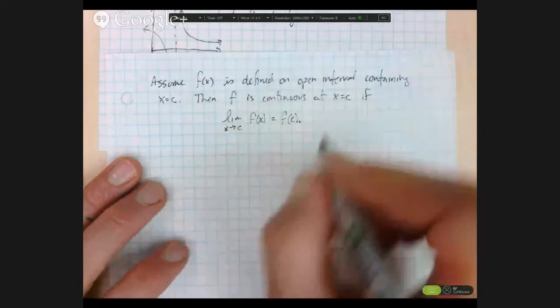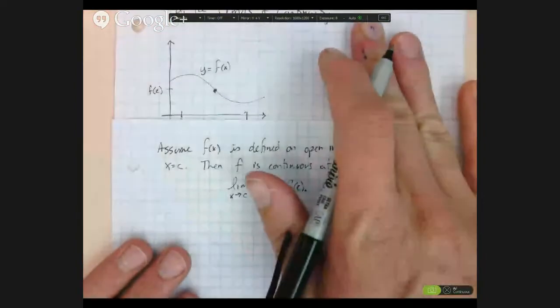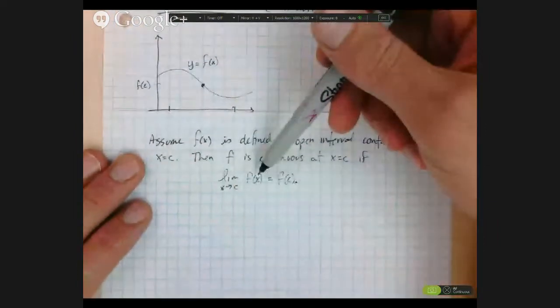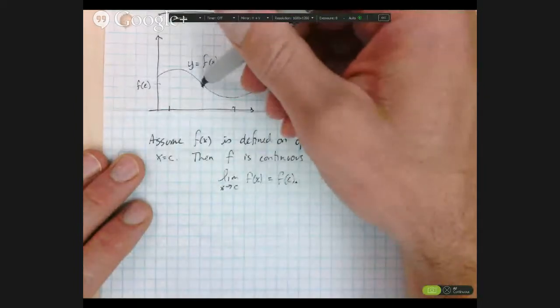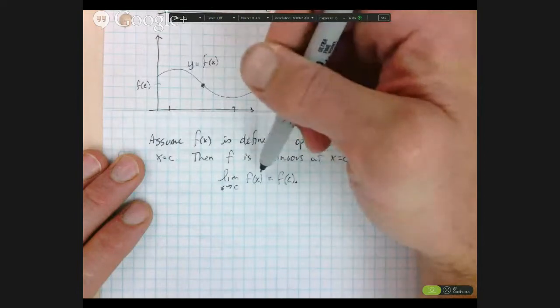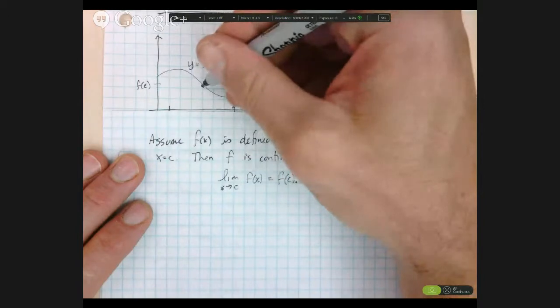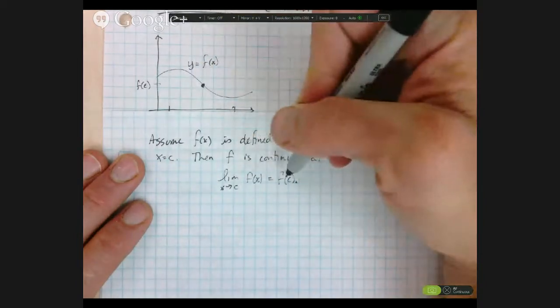So what we're saying is, go back to one of our original pictures, the limit has to exist. So from the right and from the left, it has to approach the same spot. And this point has to exist. And those two have to be equal to each other.